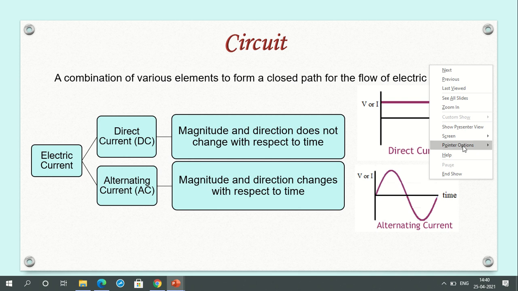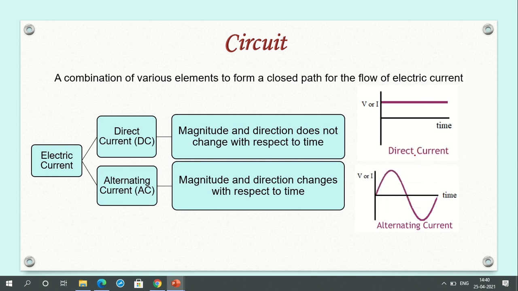See this particular instant of time. At this instant, the magnitude of this current is this much. If we consider this particular time, here the magnitude is this much. That is why we are saying that the magnitude changes with respect to time.